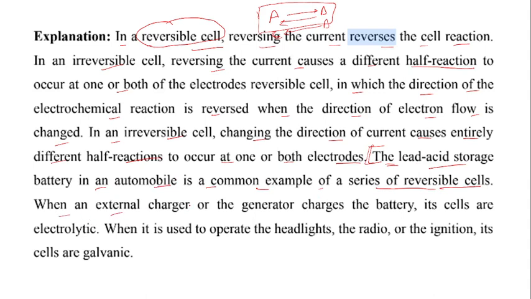When an external charger or generator charges the battery, its cells are electrolytic. When it is used to operate headlight, radio, whatever, you are taking energy from it, it is discharging, and it behaves as a galvanic cell.